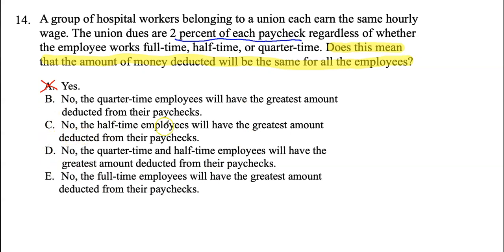So let's say, for example, we have a full-time employee. Now they all get paid the same hourly rate, but the full-time person's going to make more money because they work longer. So we have a full-time, a half-time, and a quarter-time.